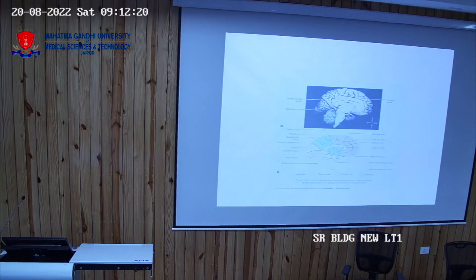On the medial surface, these sulci are important. This is the cingulate sulcus, and this is the corpus callosum. The area between these two is the cingulate gyrus. And above this cingulate sulcus is the medial frontal gyrus. This whole is the medial frontal gyrus. And see the posterior part.